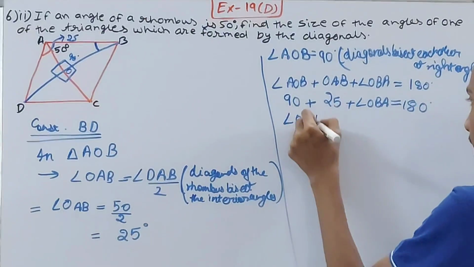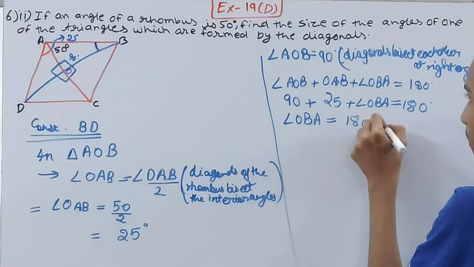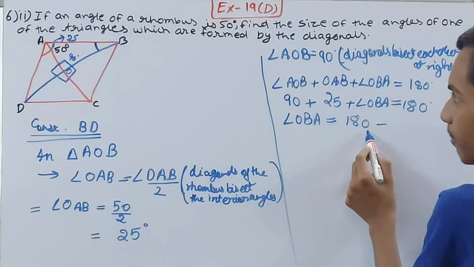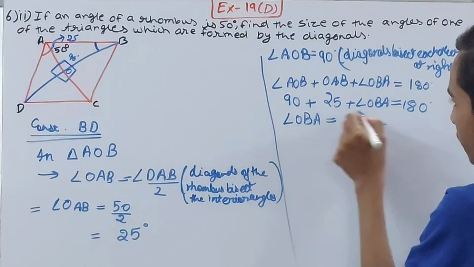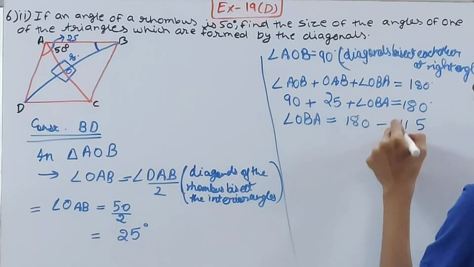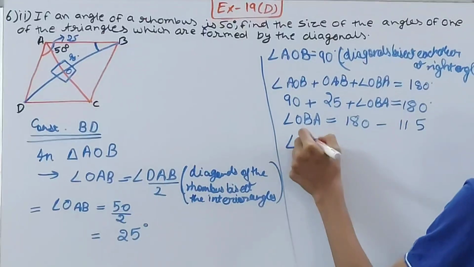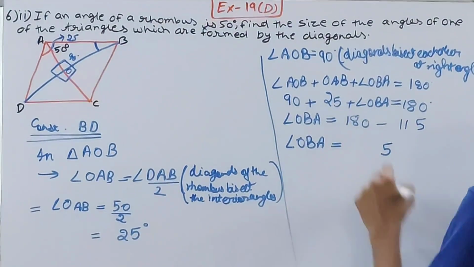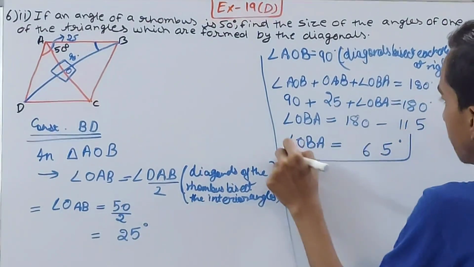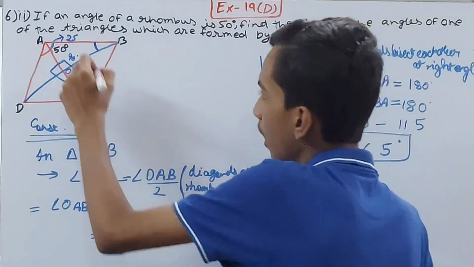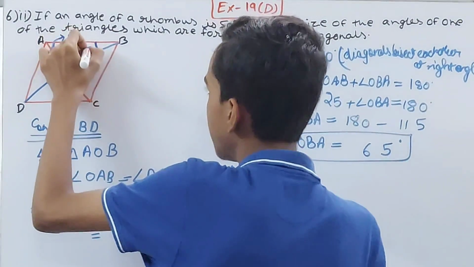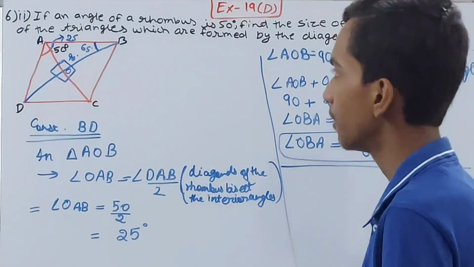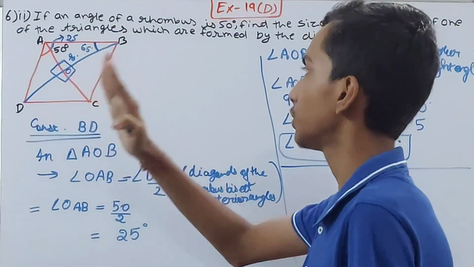So from here I can calculate angle OBA, that is 180 minus, right, minus what you will have here, 90 plus 25, that is 115. So angle OBA is equal to 180 minus 115, which is 65 degrees. OBA is 65.